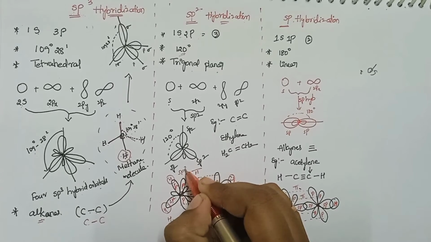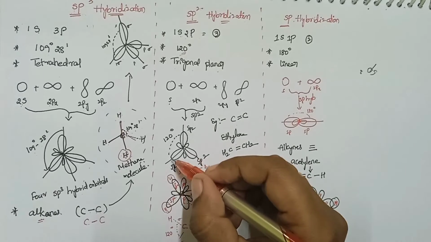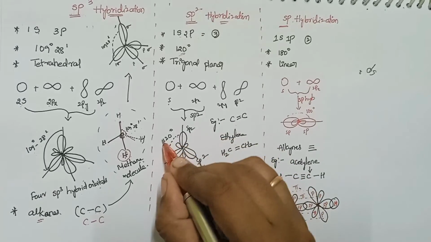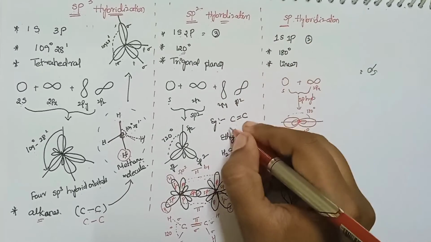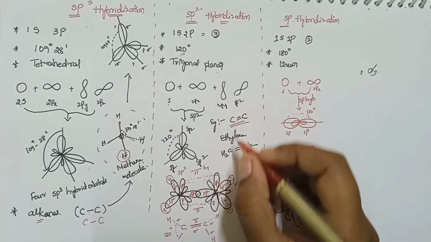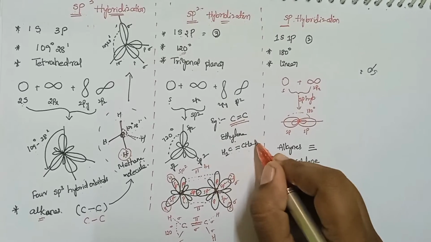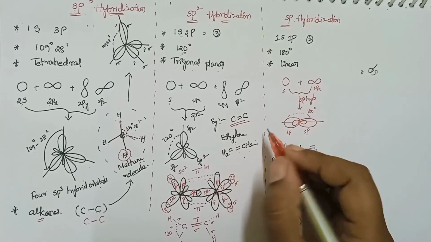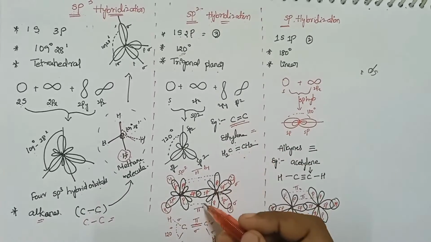This type of hybridization takes place in alkenes. Example, ethylene, structure CH2 double bond CH2. Alkene means double bond, alkane means single bond.